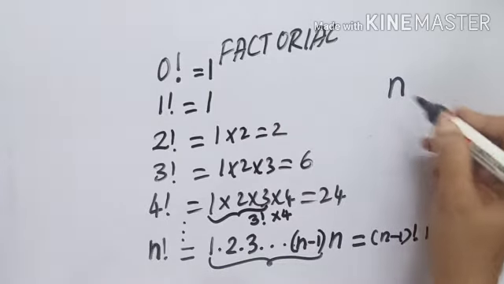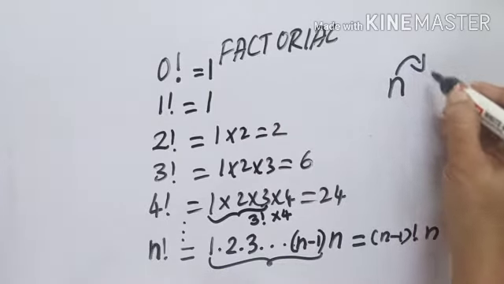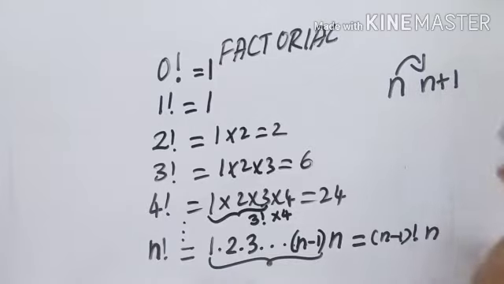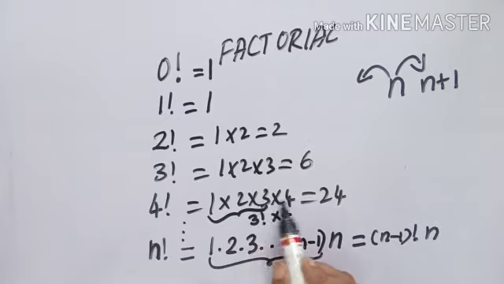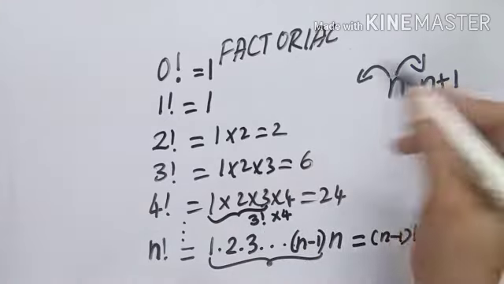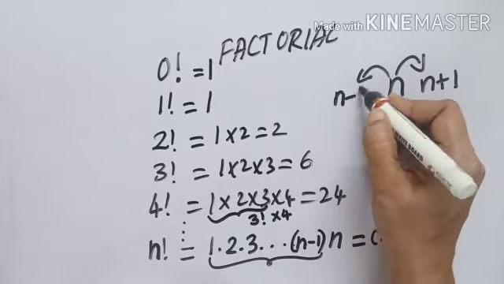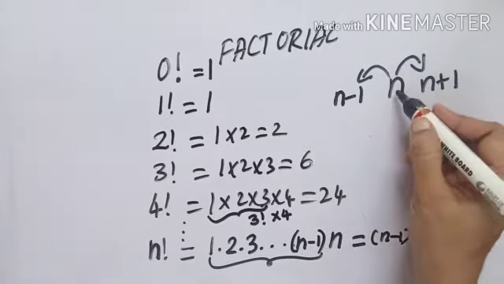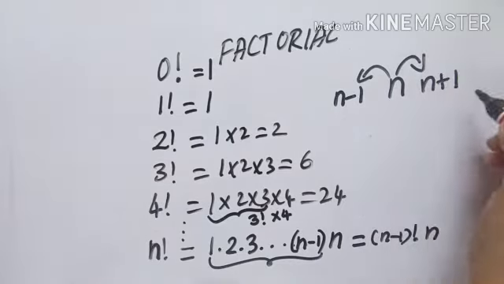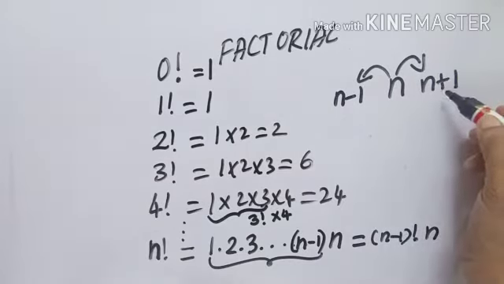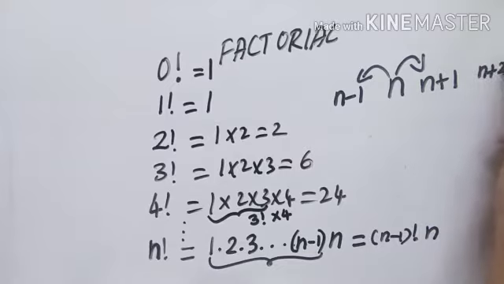n is a general number. The next number means add 1. The previous number, how do you get 3 from 4? 4 minus 1 is 3. So for n, the previous number is n minus 1. For n, the next number is n plus 1. Tell me one more. What is the next number for n plus 1? It is n plus 2.